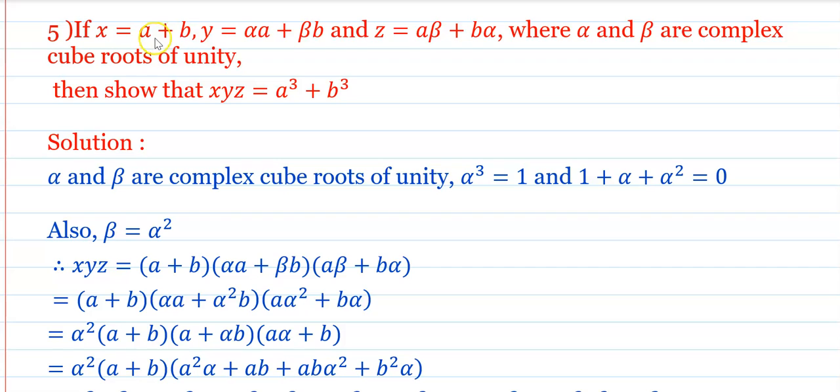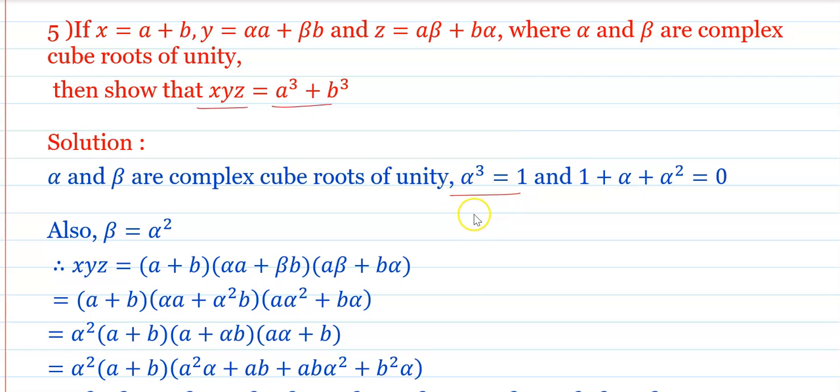If x is equal to a plus b, y is equal to alpha a plus beta b, z is equal to a beta plus b alpha, where alpha and beta are complex cube roots of unity, then show that x into y into z is equal to a cube plus b cube. Now alpha and beta are the complex cube roots of unity. Means what?